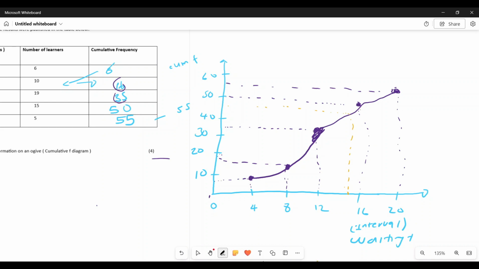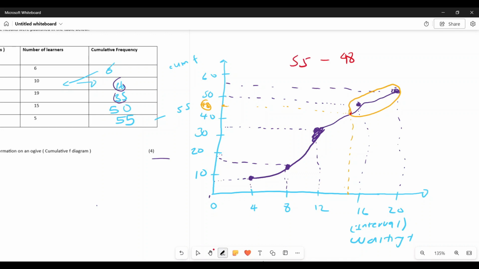My cumulative frequency at 15 minutes, if this was up to scale, would have been 48. So this part of the graph represents the total number of learners who waited for more than 15 minutes. My y value here is 48, and my maximum y value is 55.